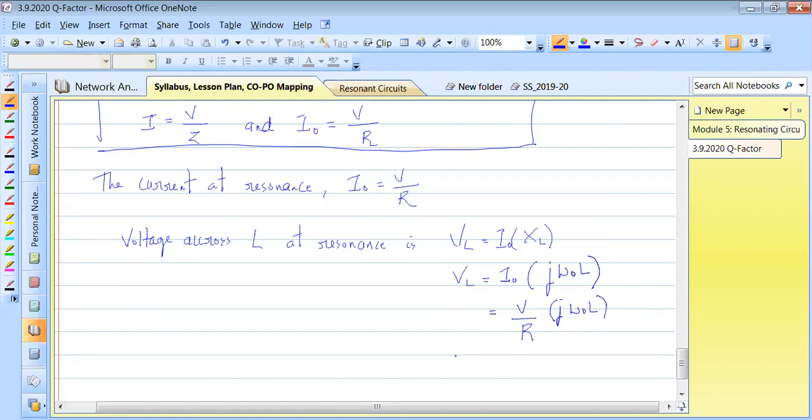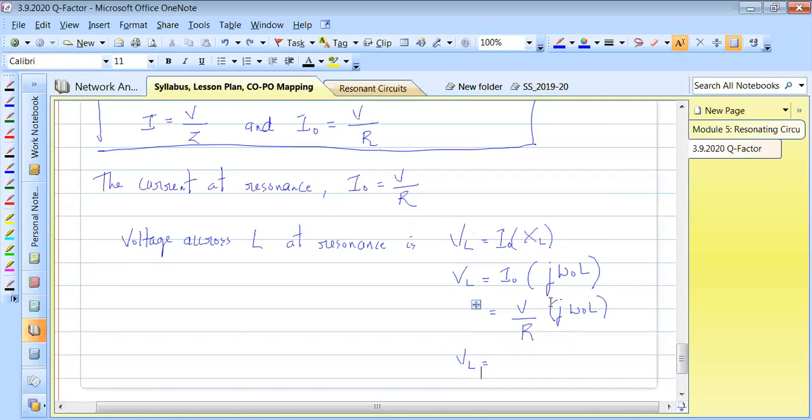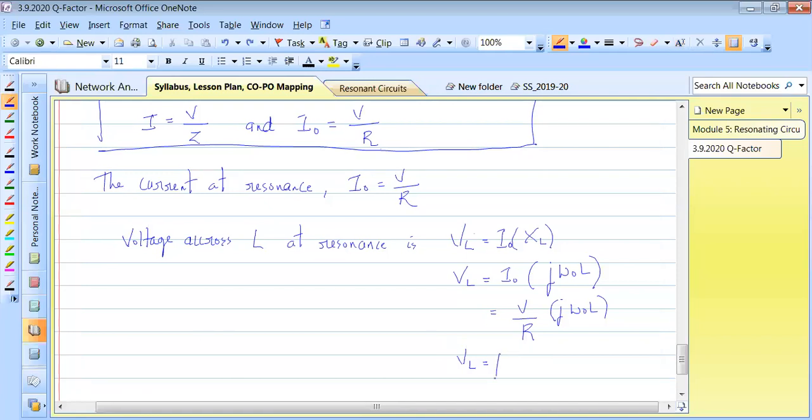Now can you rearrange the terms in such a way that you can express this VL in terms of Q naught? Try that, everybody. Is it possible? See here. What is Q naught? It's omega naught L by R, right? So have your J here, and V along with that.